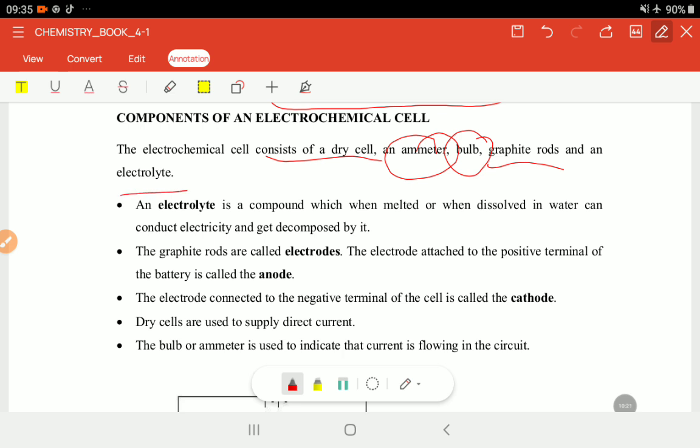So trying to break this down further, when we are looking at the electrolyte, it is our compound that conducts, which is split or decomposed as the electric current is passing through. When we have connected the battery, that solution which gets split, decomposed, that's the electrolyte.